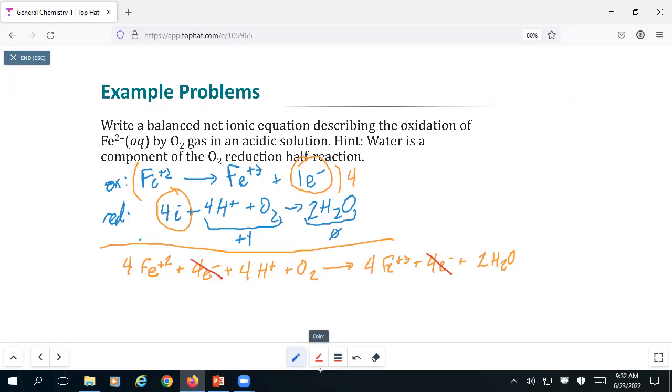So the net reaction, 4 iron 2s, 4 hydrogen ions, and oxygen make 4 iron 3s and 2 waters. And that's it. That's all she wrote. That's the reaction in acid.